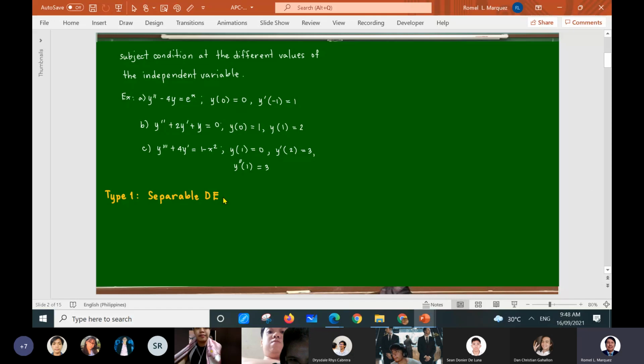What is a separable differential equation? A separable differential equation is a differential equation whose all non-zero terms are expressible with one type of variable only.